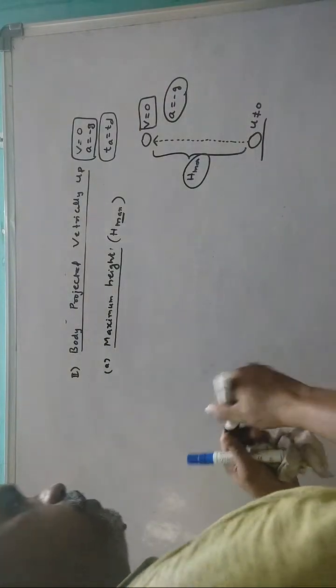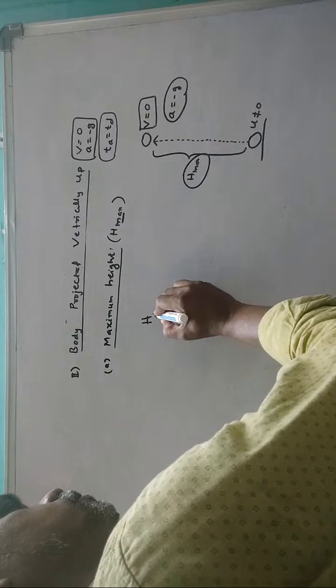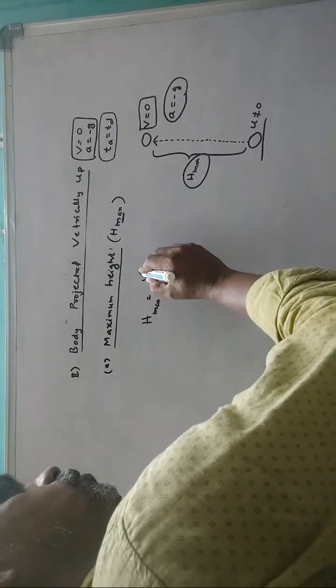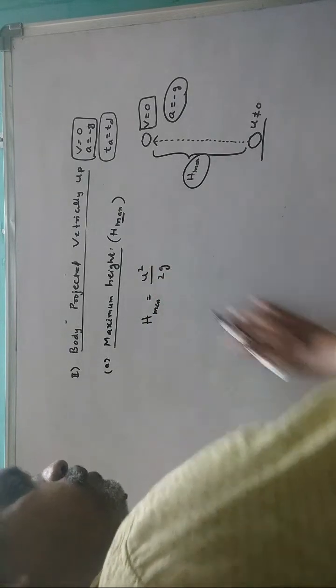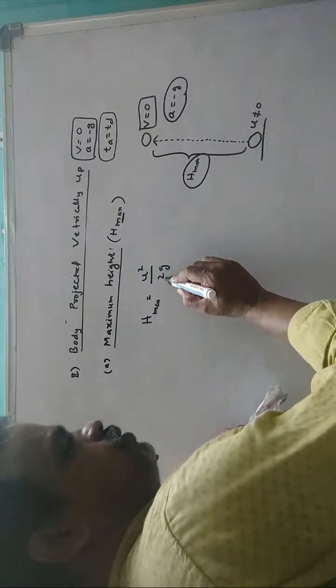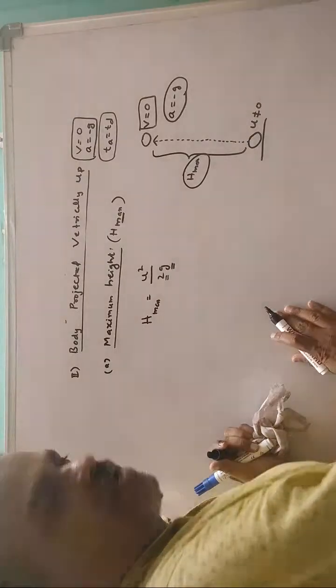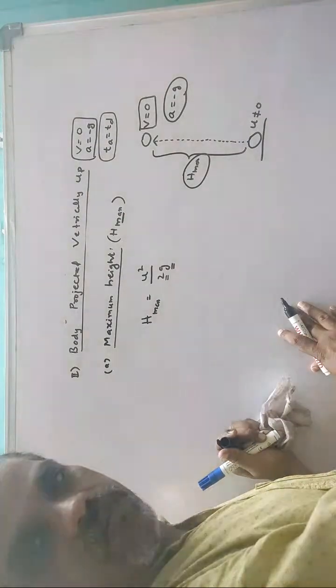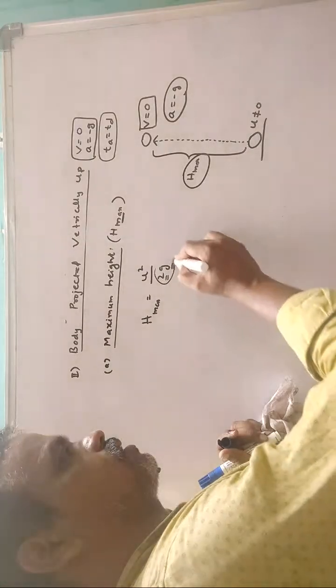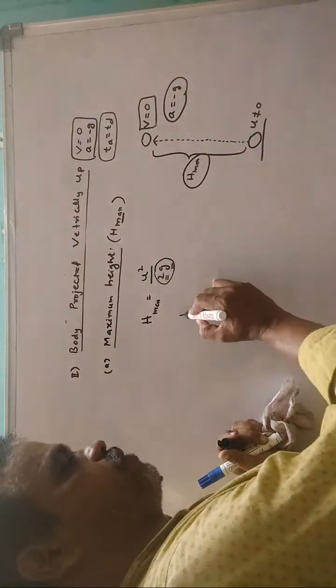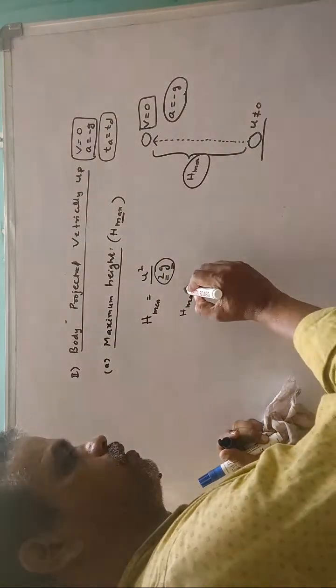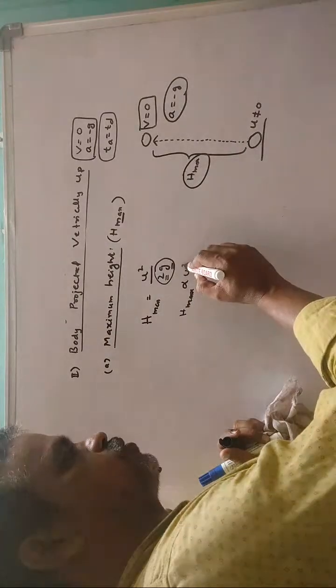Here in this, h max equal to u square by 2g. So here 2 is constant, g value also constant, 9.8 meter per second square. Already I gave the value. These two are constant. So h max is proportional to u square.